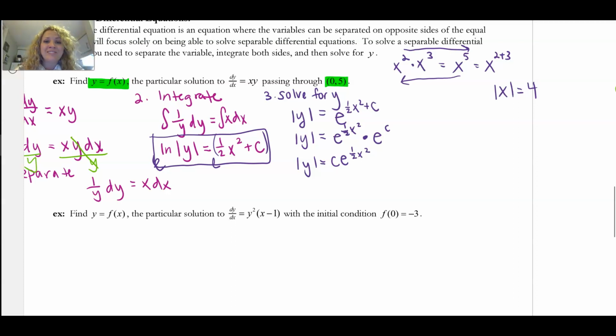So the way that we often solve this in algebra is when we remove the absolute value bars, I have to consider both the negative and the positive solutions to the absolute value of x equals 4. So that would be a -4 or a +4. We often write that as plus or minus 4.